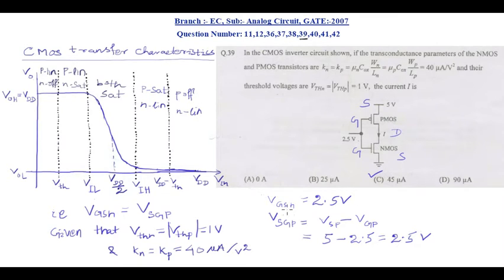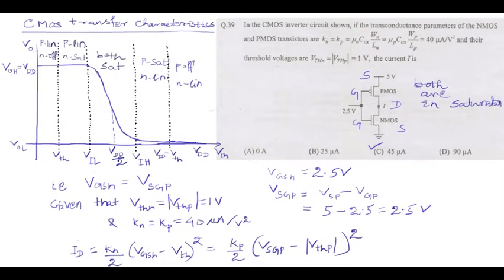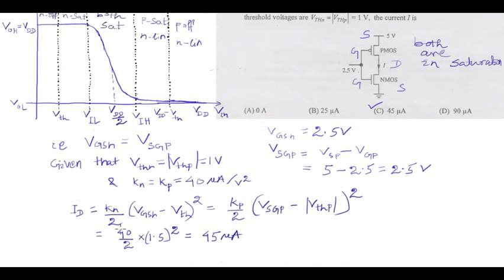In this case, VGS, that is the input voltage, is 2.5 volt, which is exactly equal to VDD by 2, that is 5 by 2 volt. So here both the transistors will be in saturation region. As both the transistors are in saturation region, we can apply the saturation current equation, that is ID equal to Kn by 2 into (VGS of N minus VTH) whole square, which is equal to Kp by 2 into (VSG of PMOS transistor minus VTH of P magnitude) whole square.